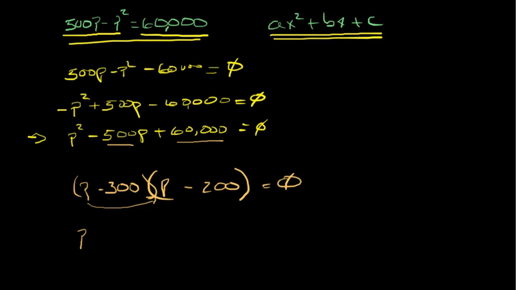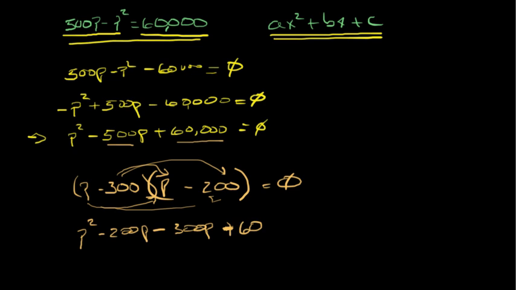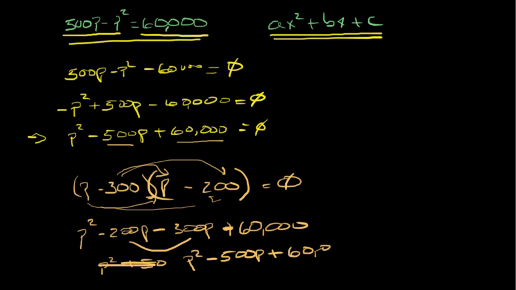That term, p squared, the first term, and then p times the second term would be negative 200p. This term times the first term there is going to be negative 300p, and the last terms times each other would give us positive 60,000. Add these two terms together, we end up with p squared minus 500p plus 60,000, which is the same as that right there. So we know we factored it right to here.